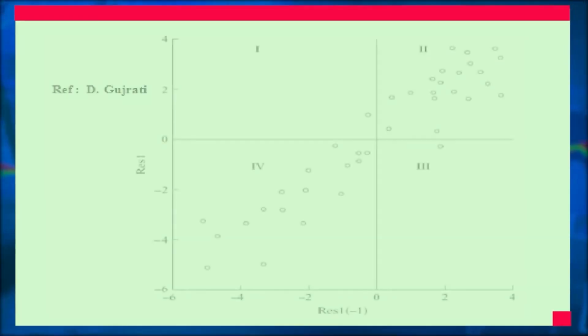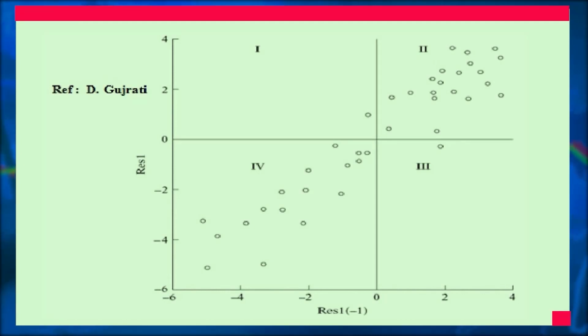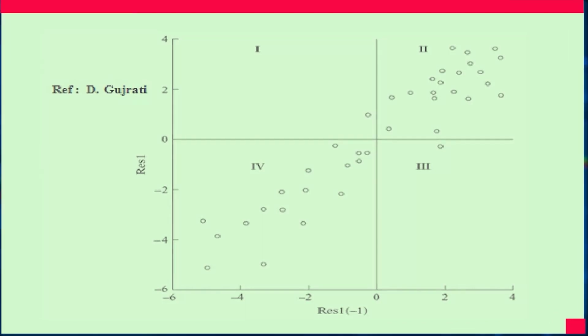When we go to slide number 5, we observe that there are 4 quadrants, or 4 zones, in this diagram. Residual t is plotted on the y-axis, and residual t minus 1, that is the one-period lag value of the residual t series, is plotted on the x-axis. We observe that the scatters start from zone 4 and have a tendency to go to zone 2 in an increasing order.